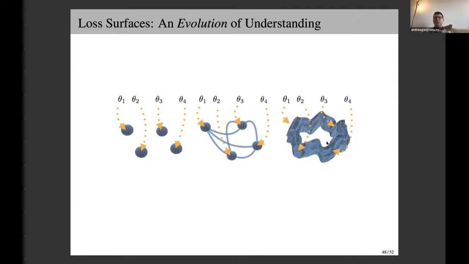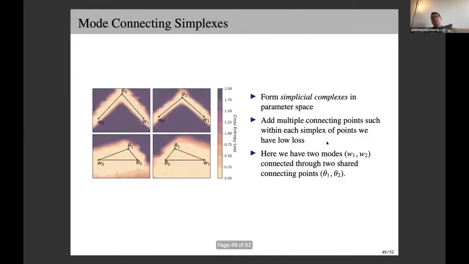And towards trying to understand that, we considered whether it might be possible to find low loss simplices rather than just curves that connect different solutions together. So in the figure on the left here, we have two SGD trained solutions, W0 and W1, and two different connecting curves through theta1 and theta2.